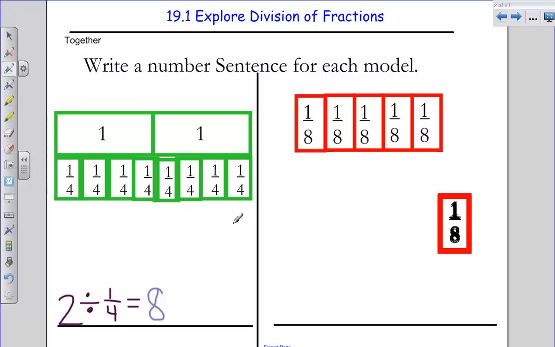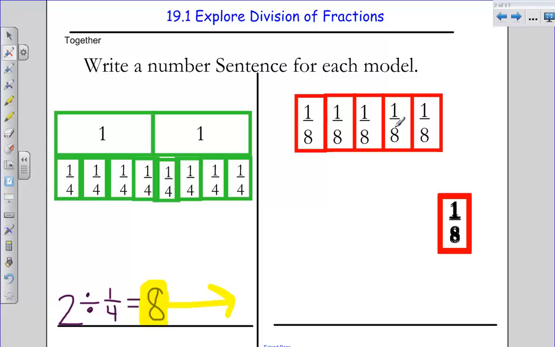When we're dividing by fractions, it actually makes sense that usually our quotient is going to be bigger. When we divide whole numbers, that's not the case. But since I'm dividing by a fraction, I'm usually going to end up with a bigger number. So let's see if that theory holds true for our next problem as well.